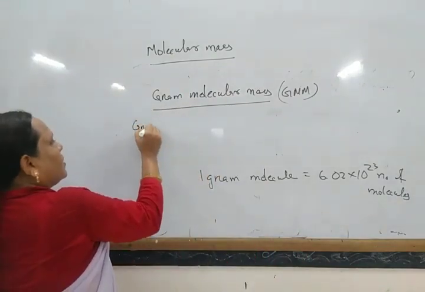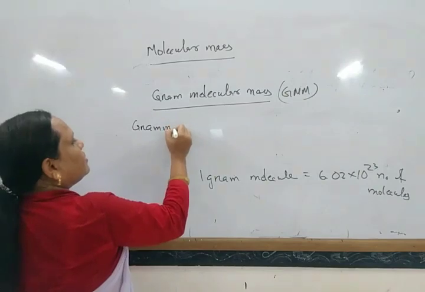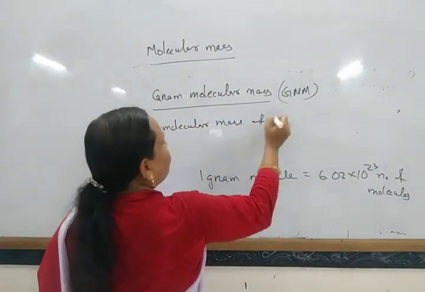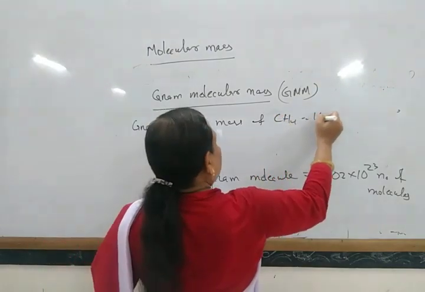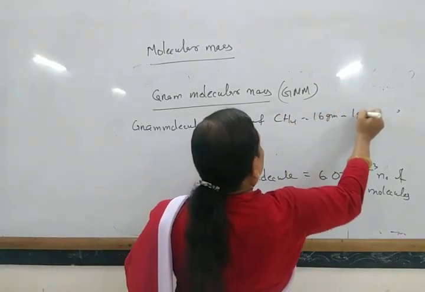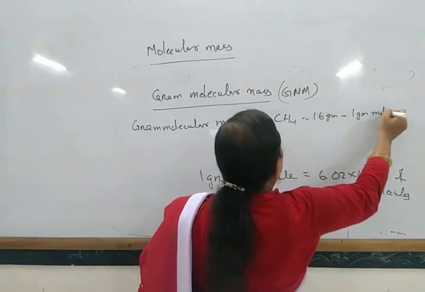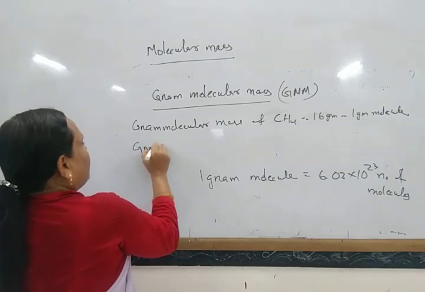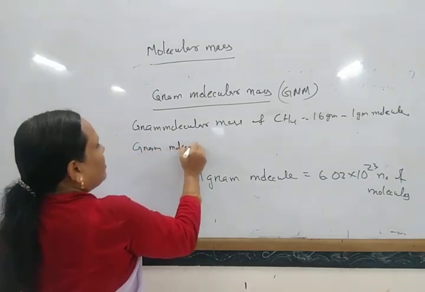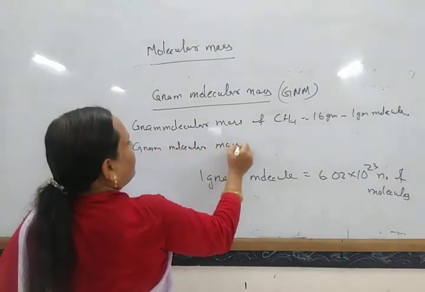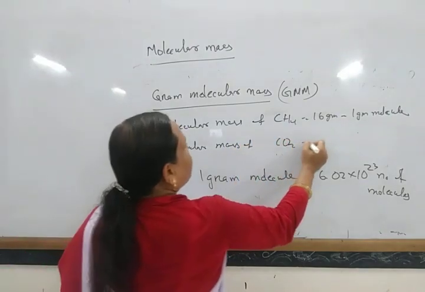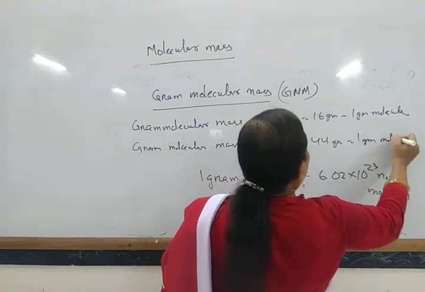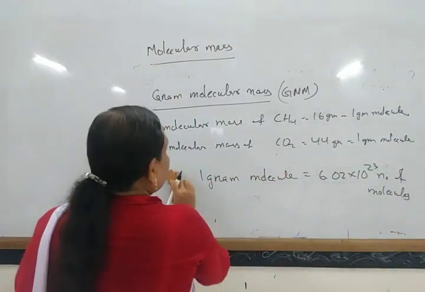So the gram molecular mass of methane is 16 gram, that is equal to 1 gram molecule. Similarly, the gram molecular mass of carbon dioxide is 44 gram, equal to 1 gram molecule.